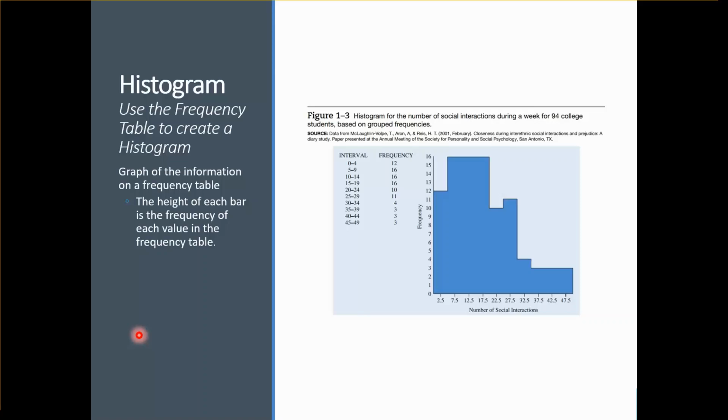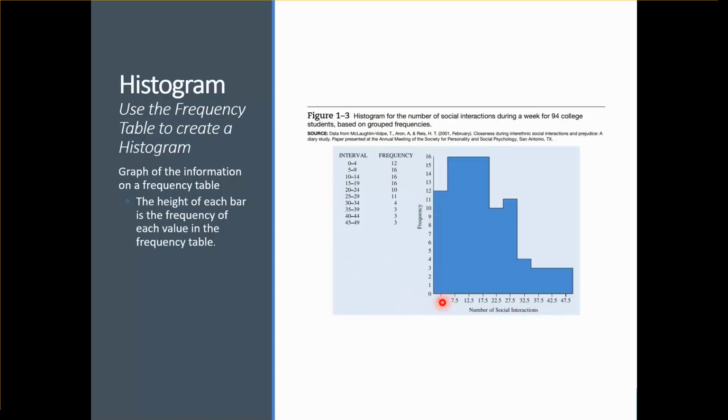So this is an example of a histogram. The height of each bar here is the frequency of each value on the table. So here's 2.5, 7.5, 12.5, 17.5, etc. Those are the intervals, and the frequencies are here.